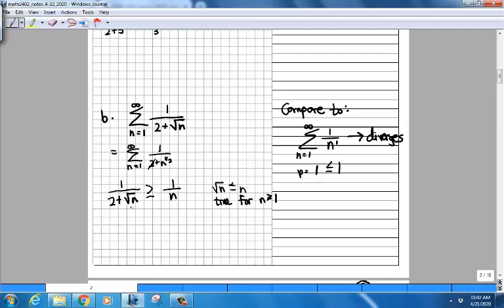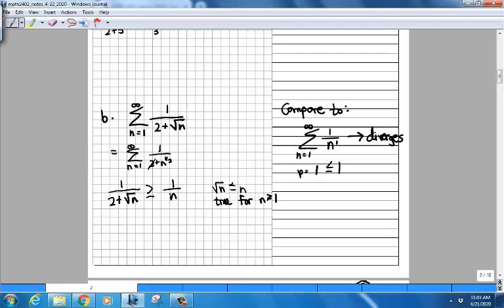That means this denominator is going to be less than or equal to this denominator. And when you make the denominator of a fraction smaller, the fraction gets larger. So I'm thinking this fraction is going to be bigger than this one, because this one has a smaller denominator. Let's check that a little more carefully.